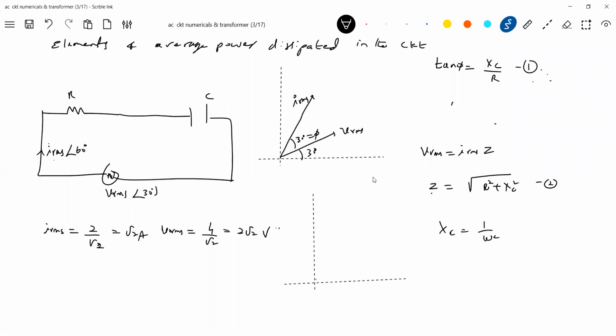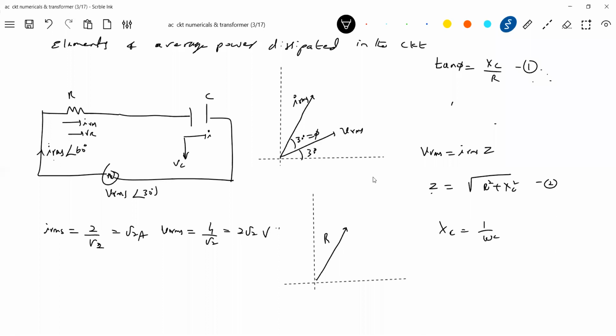So it should be R in the direction of current. Next, after this, here you can write IRMS VR. Then IRMS is what? The VC should be like this.